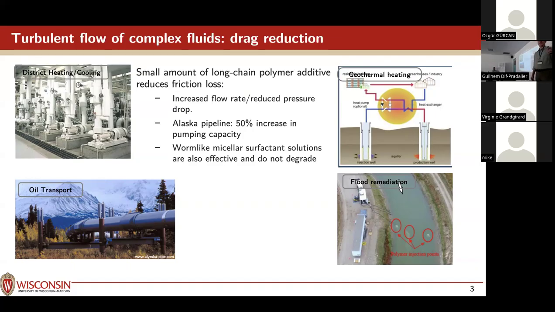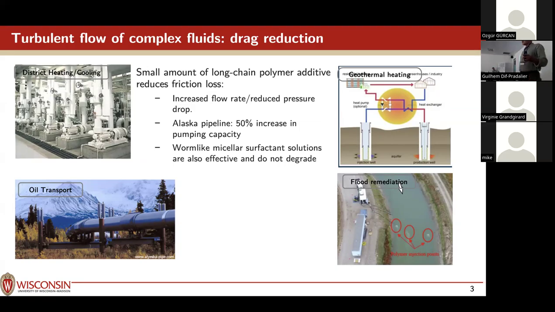In fact, adding the polymer increases the shear viscosity of the fluid, increases the drag in the laminar flow regime, but that leads to very large decreases in drag in the turbulent flow regime.